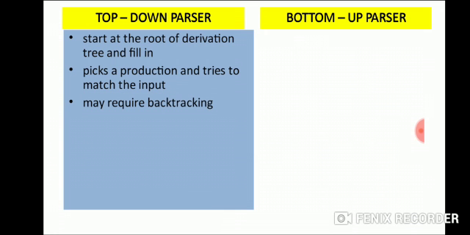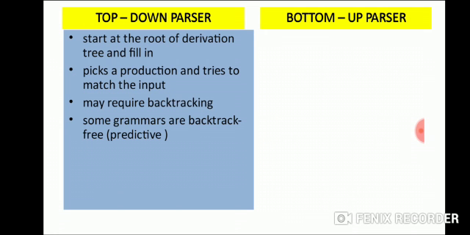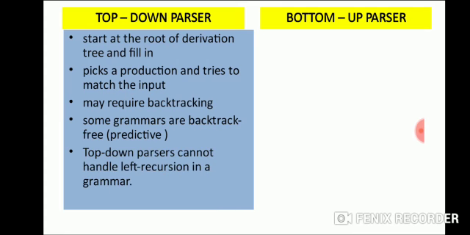Top down parser may require backtracking, and some of the grammars are backtrack free. Those are also known as predictive. Top down parsers cannot handle left recursion in a grammar. That is the most important thing that everyone must know before dealing with the top down parser.